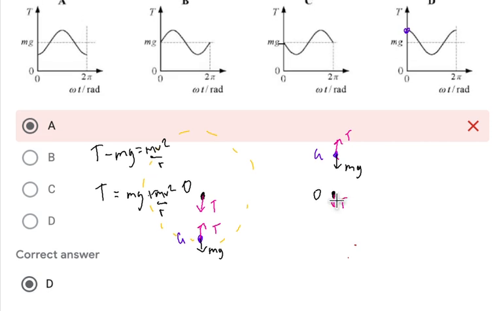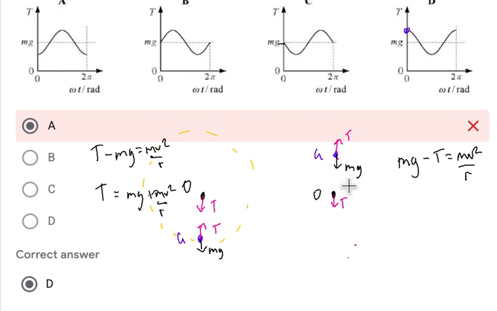Then that means, due to Newton's third law, the action reaction at the C of G position is opposite to that. So there's a force equal to T in the opposite direction at the C of G position. Therefore, in this position, you get mg minus T equals mv squared over r.